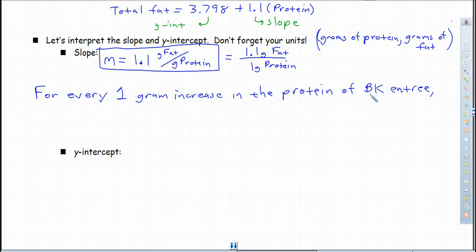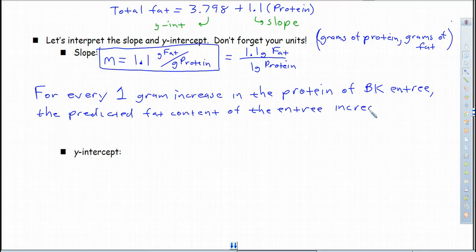For every 1 gram increase in the protein of a BK entree, the predicted fat content of the entree item, or of the entree, increases on average by 1.1 grams.